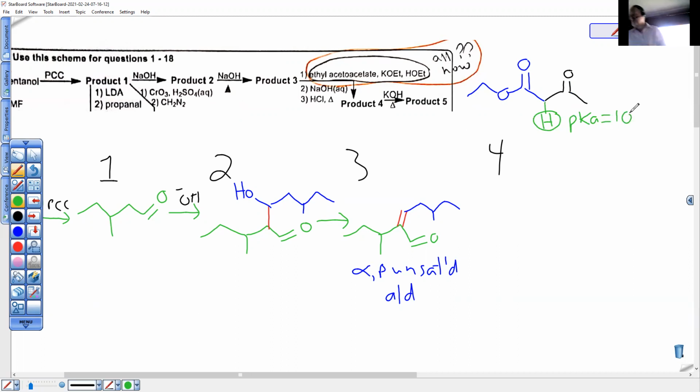That means when we see any kind of base in here, that's the first proton that's coming off. You're not going to take off this 20 over here before you take this 10. We'll bring that up later again during this lecture. We always take the lowest pKa first.